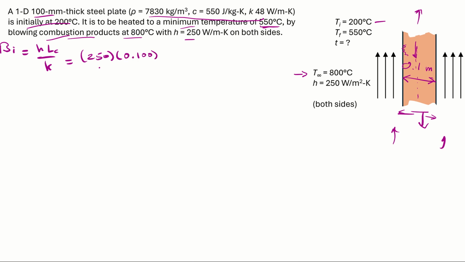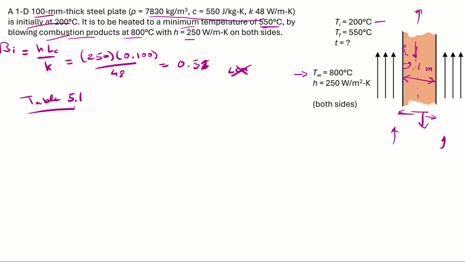We'll see in the next example, which involves a cylinder, that this is a bit different. And k is given as 48, and this will give us a Biot number of 52.52. So the lumped capacitance method cannot be used, so we have to use the table.